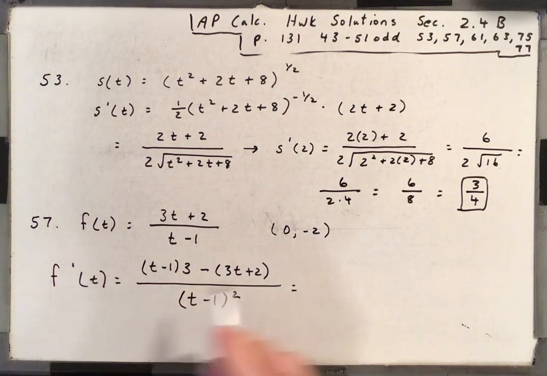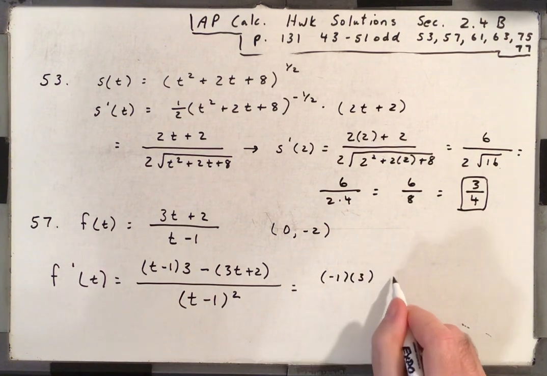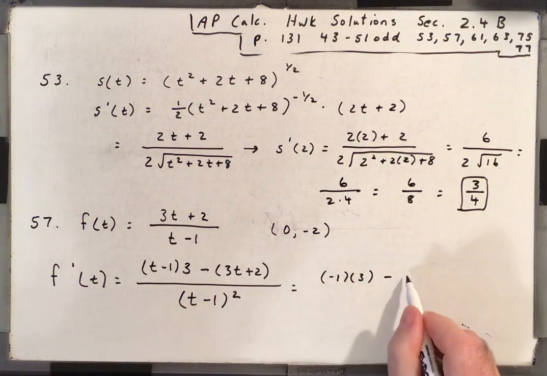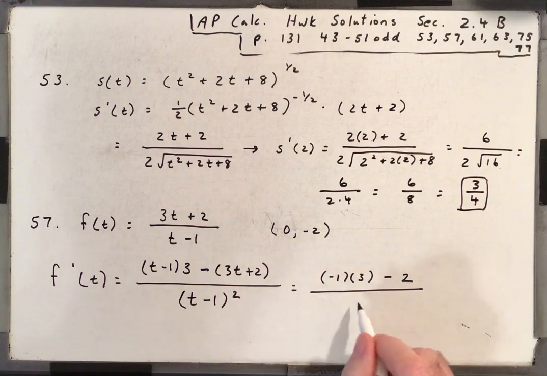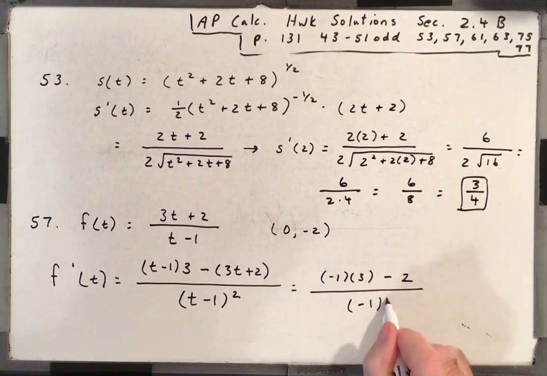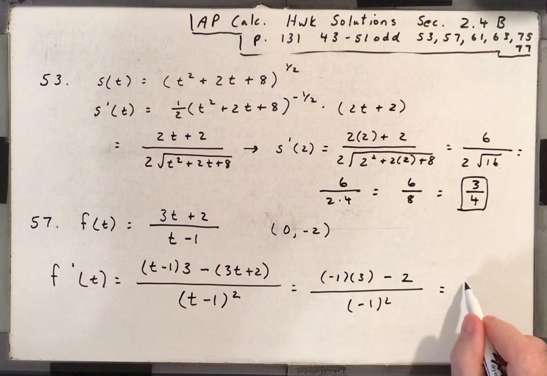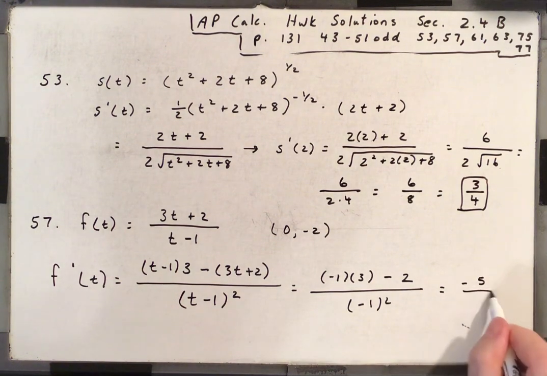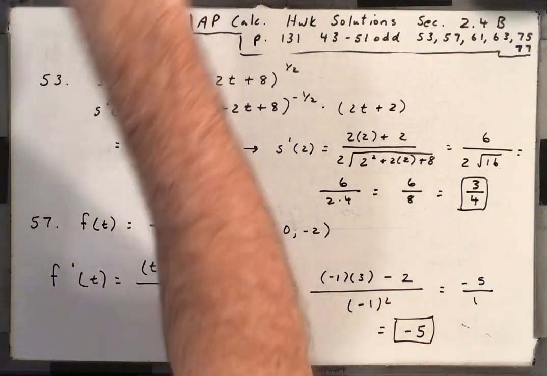So plugging in 0, that's going to be negative 1 times 3 minus 0 plus 2, so just minus 2, over negative 1 all squared. So it's going to be negative 3 minus 2, which is negative 5 over 1. So I'm hoping that the answer is negative 5. It is. All right, brilliant.